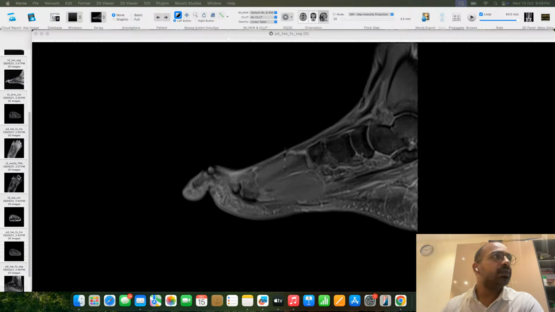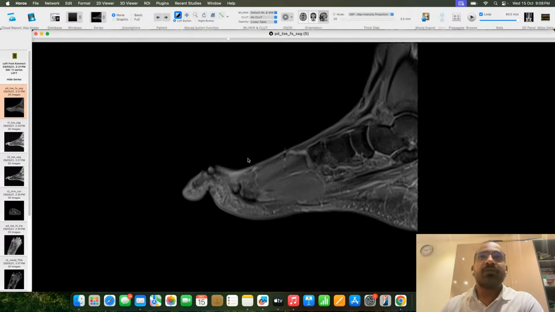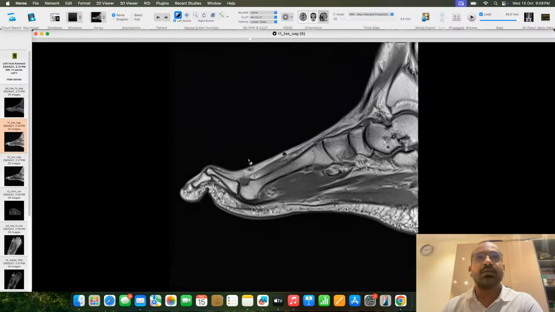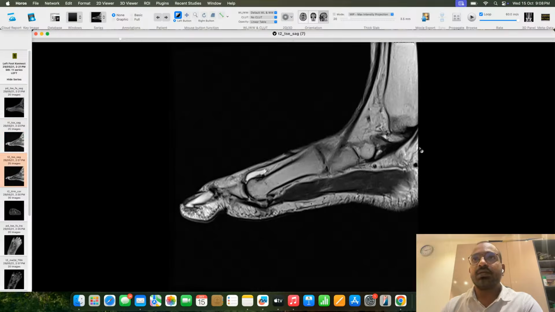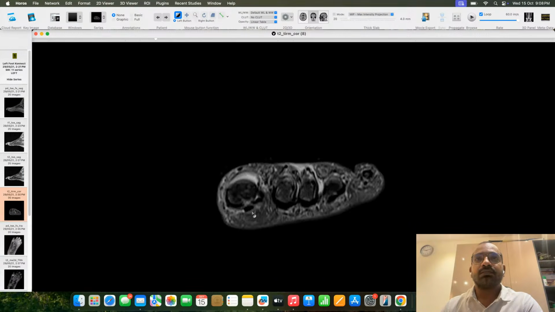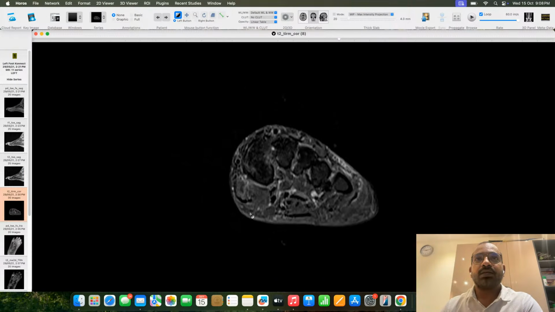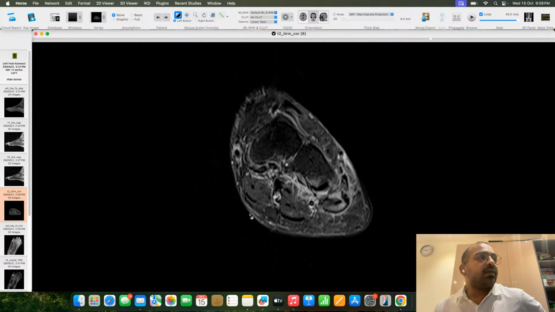You can see these are the T1 images, sagittal, T2, sag. The doctor has advised for both, ankle and foot region.